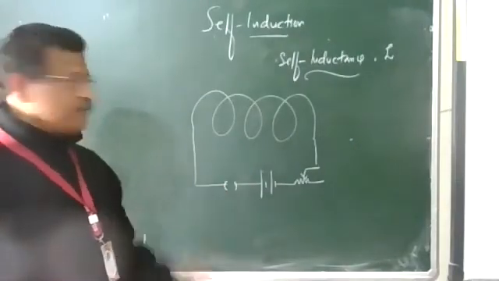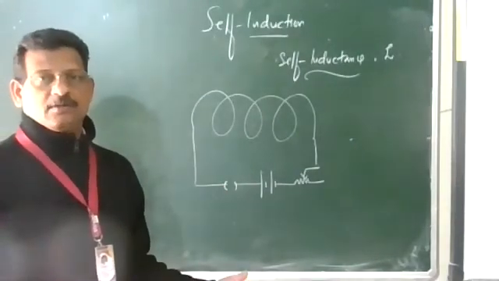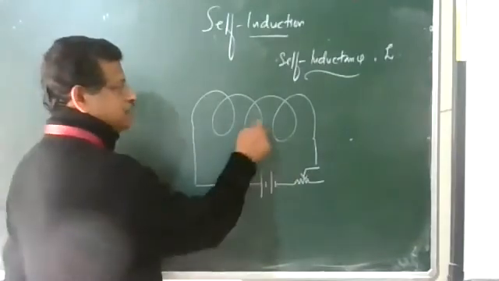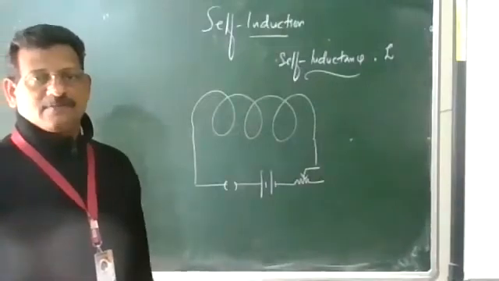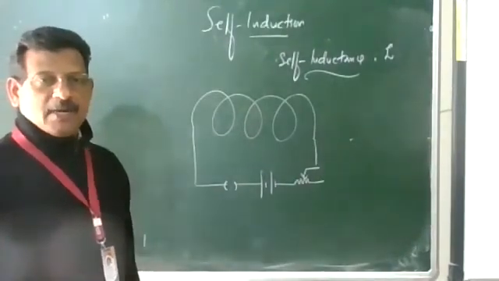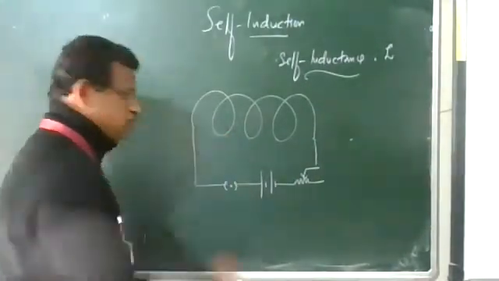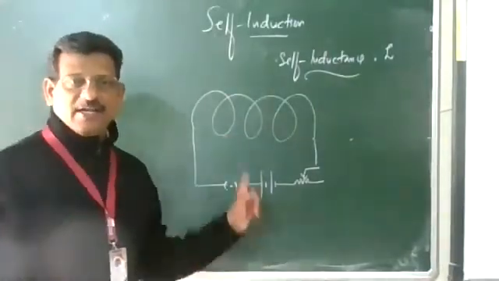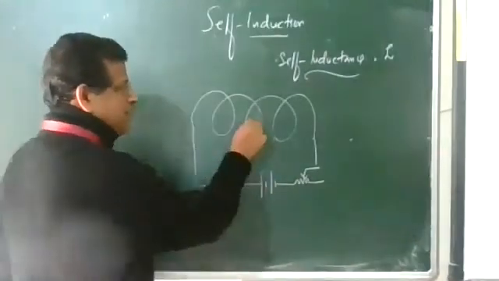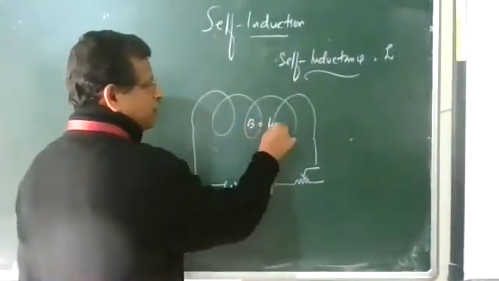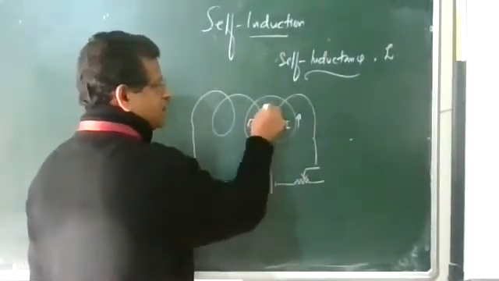When the key is open, there is no current, no magnetic field, no flux. But as soon as you close the circuit, the current increases. When the current increases, the magnetic field, which is proportional to the current, increases, and the flux increases.